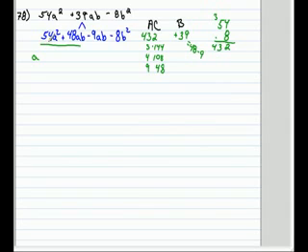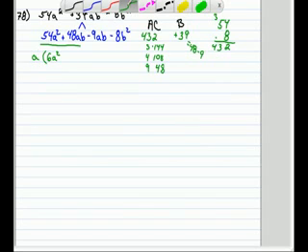Would 18 work on both of those? So, no. I think 9 is probably about the best we could do. Let's try 9. What do we get? We get 6a squared. Oh, 9 doesn't work. Doesn't go into 48 evenly. So, 6 is probably going to be about it.